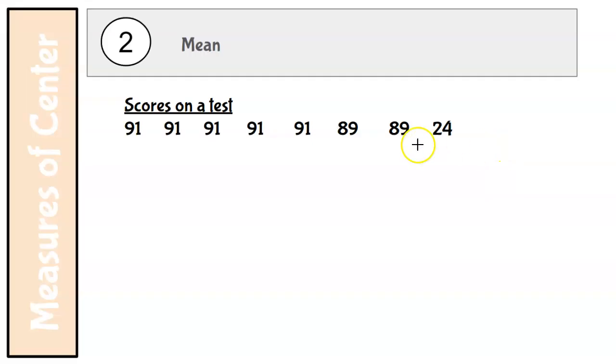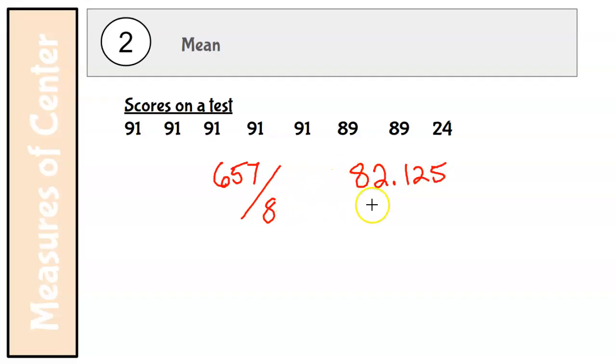Or you can add up all the percentages, which is a total of 657, and then divide by how many we have. So 1, 2, 3, 4, 5, 6, 7, 8. And that is an 82.125%.